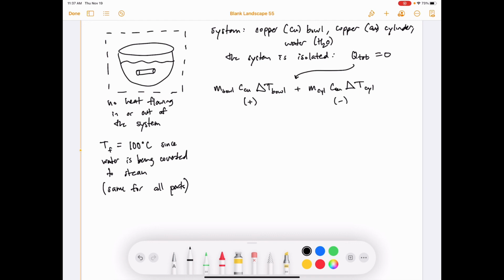Now for the water, here's how we have this. The water needs to heat up to the boiling point. So we have the mass of the water times the specific heat of water times the temperature change. And specifically, this is to get the water to the boiling point.